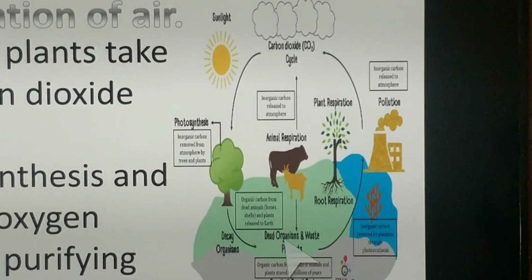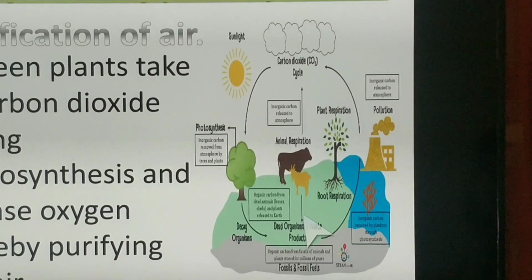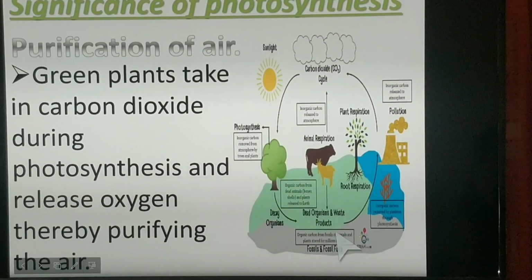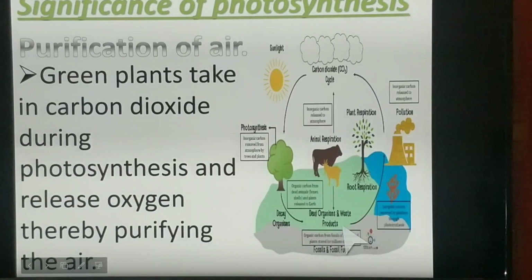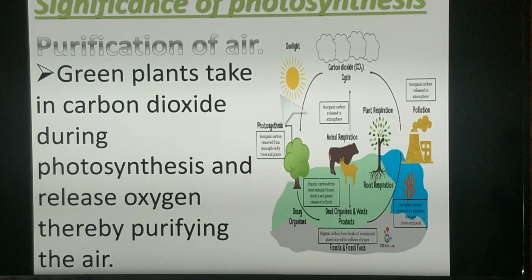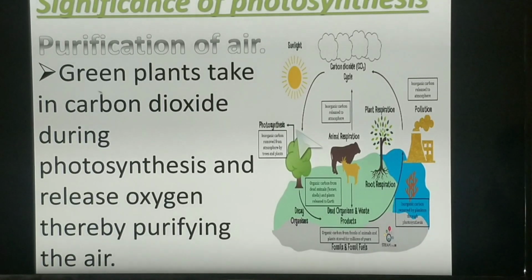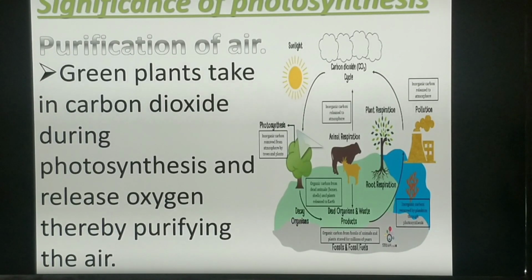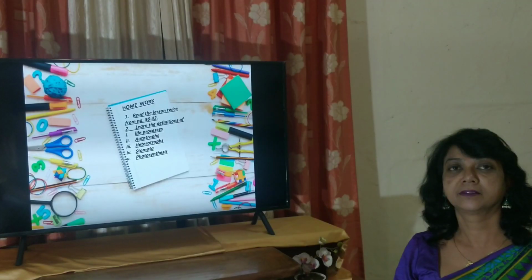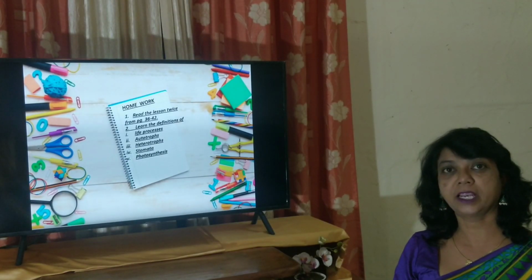After the decomposition of the dead bodies of animals and plants, carbon dioxide is released and gets mixed into the atmosphere. The atmospheric carbon dioxide is utilized by the plants to prepare their own food. I'm done with this topic now.